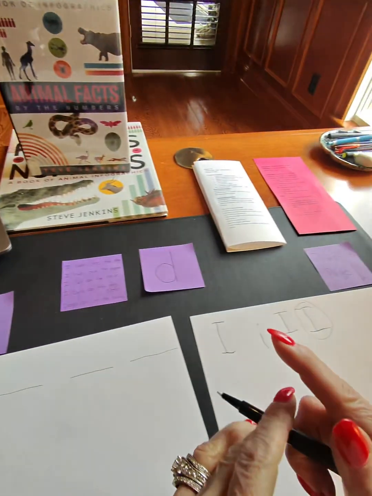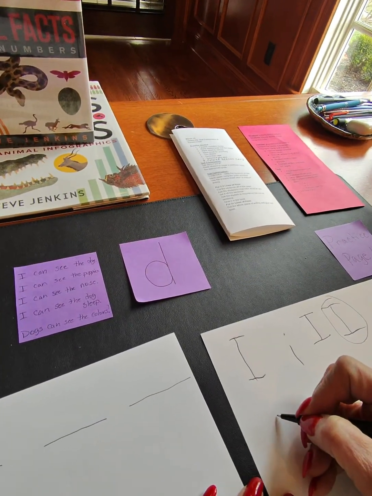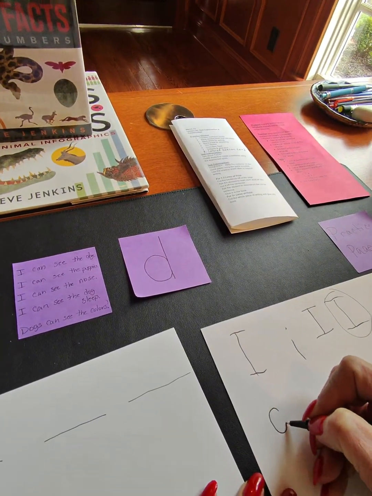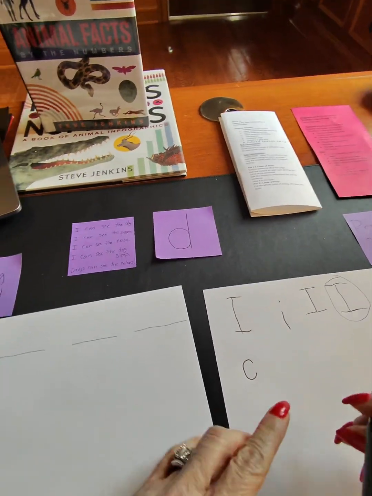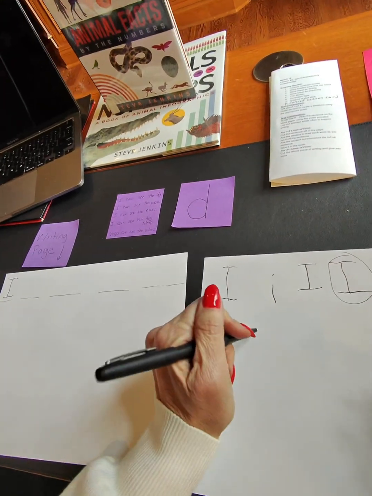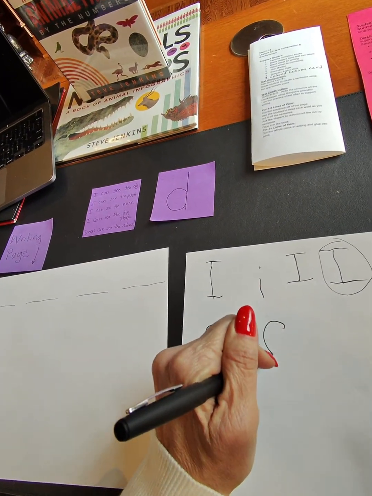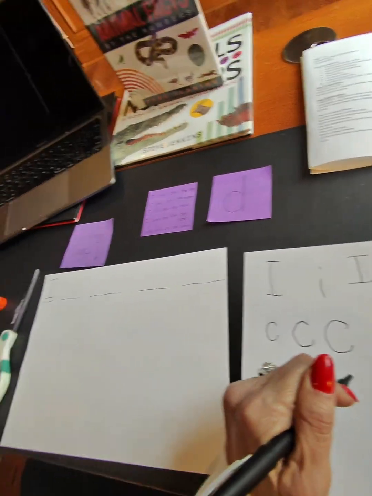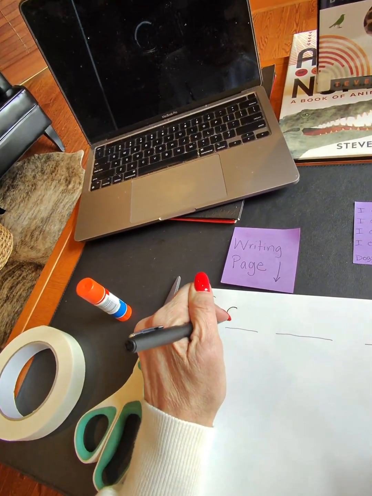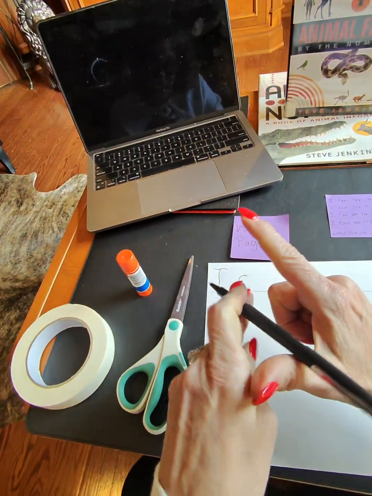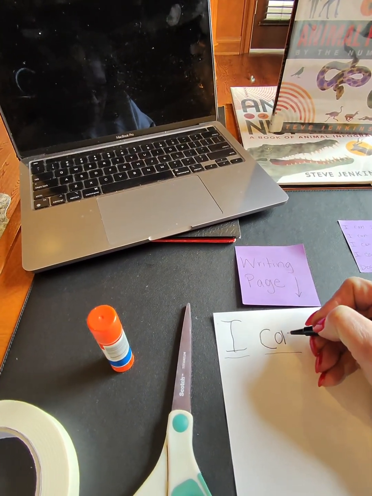And I might go over to this practice page and say, can starts with a C. That's the letter that can starts with. Can you make that C? And I'm going to ask the child then to practice the C. Do it again. That's the little word can. So I'm going to go over here and say, now on this line, you make that C. Good. And then I'm going to take the pen back. I'm going to make the A and the N.